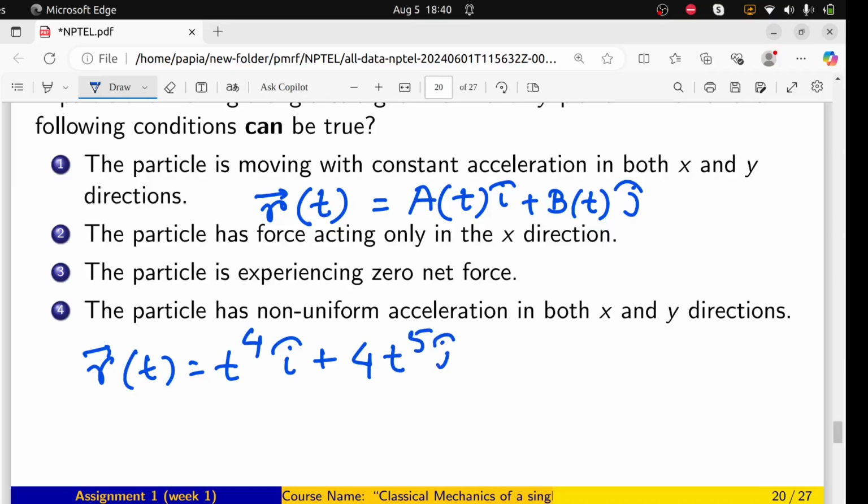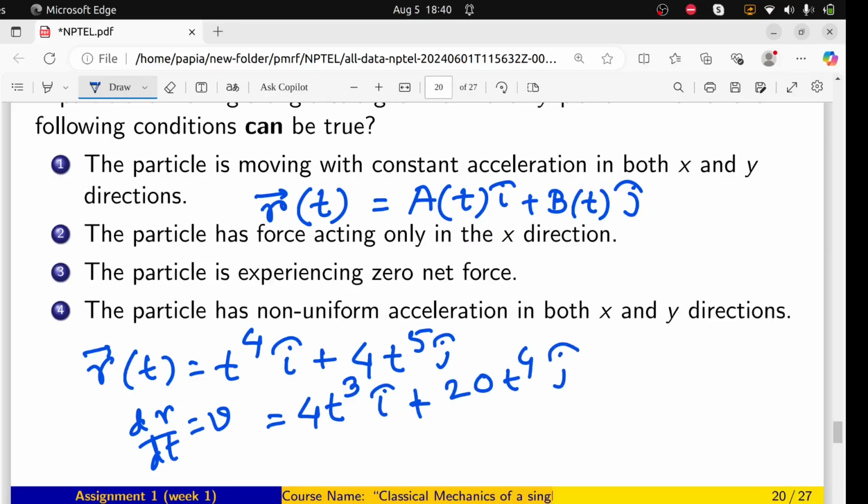So constant acceleration in both x and y directions. For acceleration, dr dt is equal to velocity.